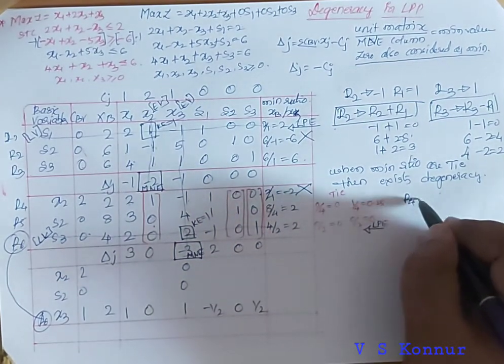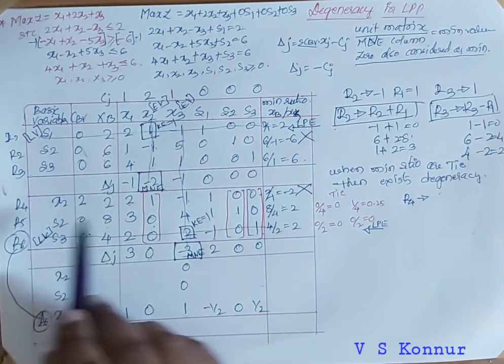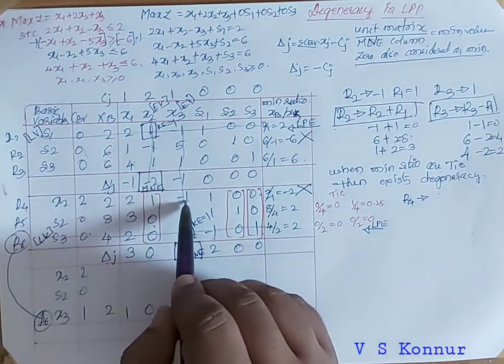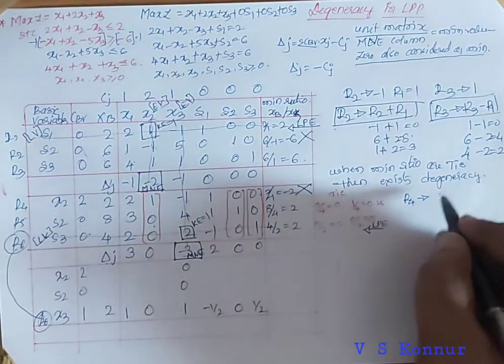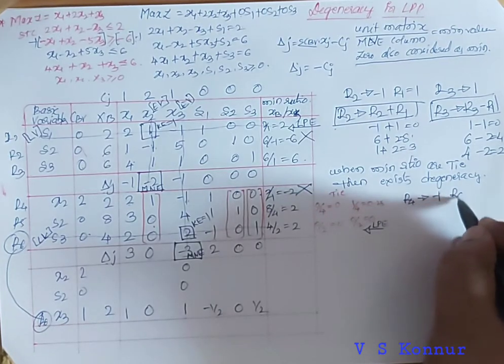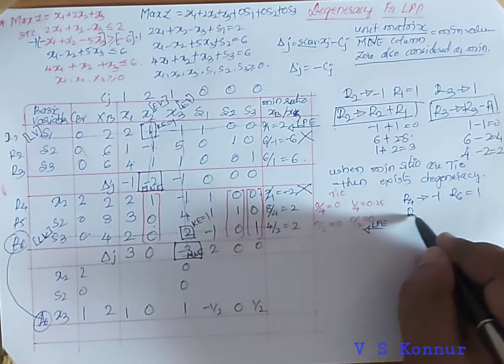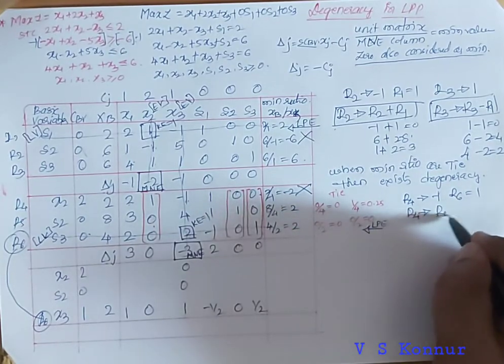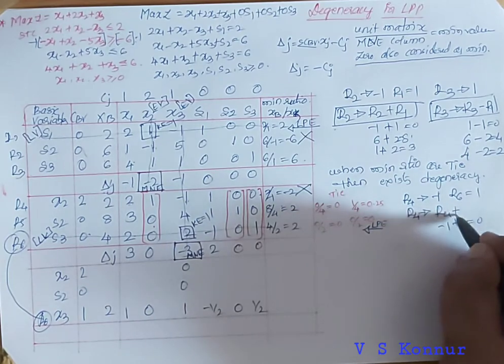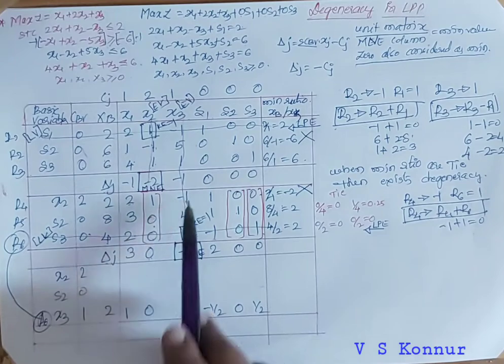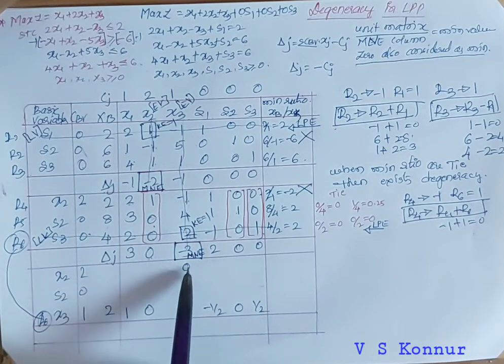For R4, in the same column R4 is having minus 1 and R6 is having 1. To write the equation for R4, minus 1 plus 1 is equal to 0, so that is plus R6. Is it clear?